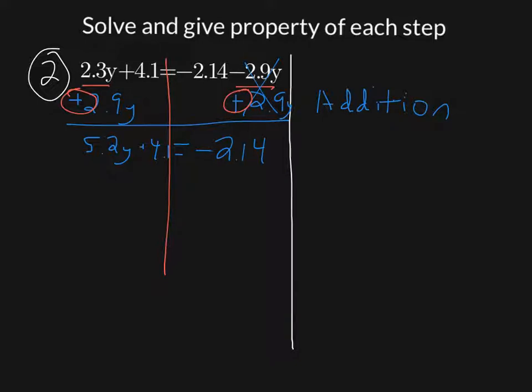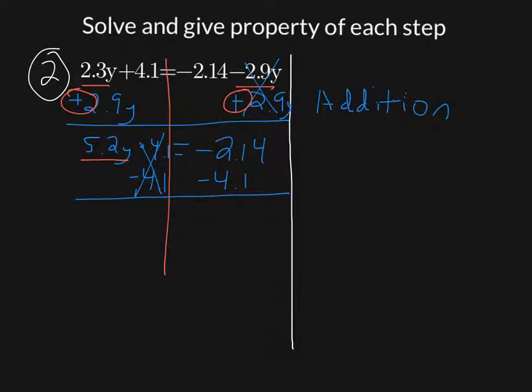On my next step here, again, here's my variable term. So that 4.1 has to be moved to the right side. Well, I'm going to subtract 4.1 from both sides. Make sure you line up the decimals if you're not using a calculator so we can do the adding or subtracting here.